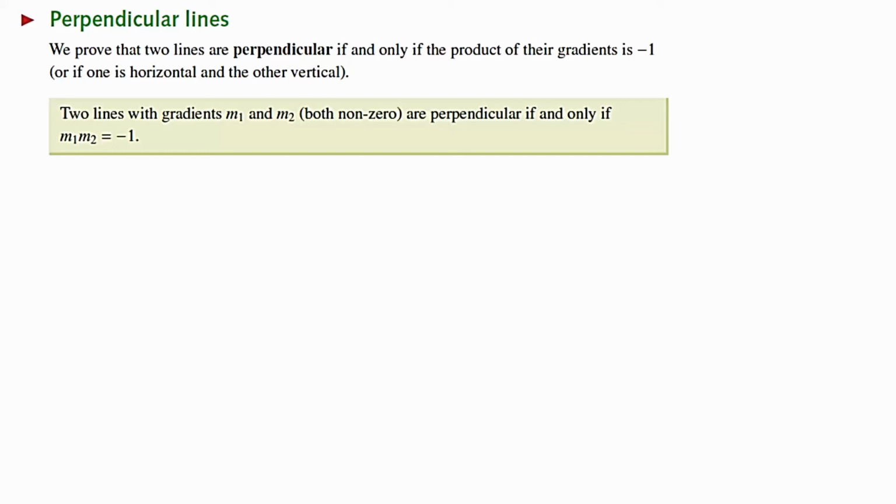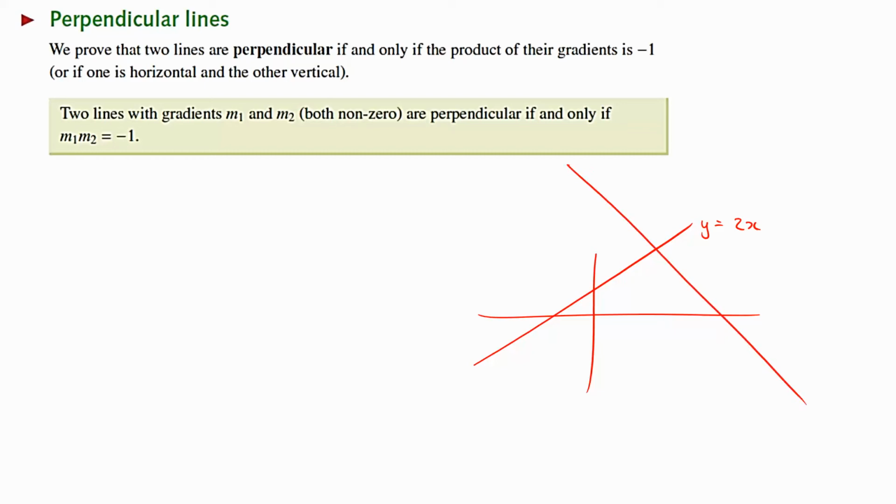So what I'm saying here is if the first line was y equals 2x, then for it to have a 90-degree cut, the second line, let's say this line here, has to have a gradient m.